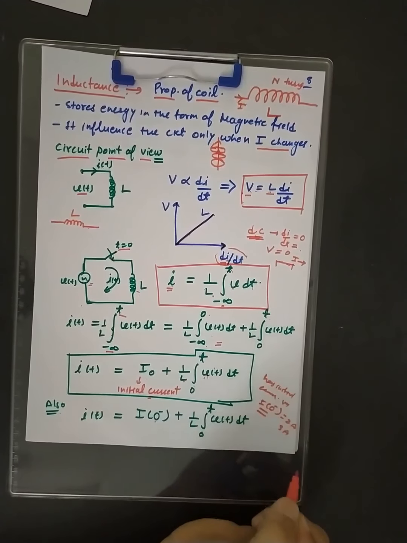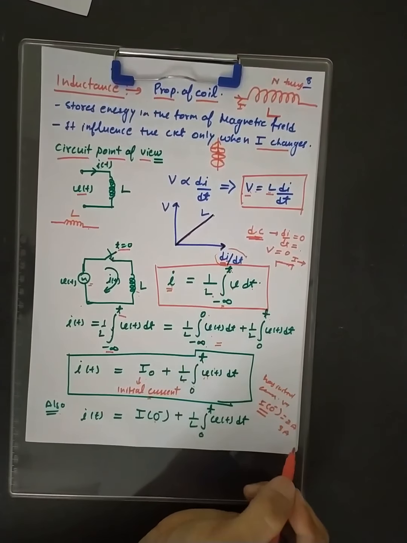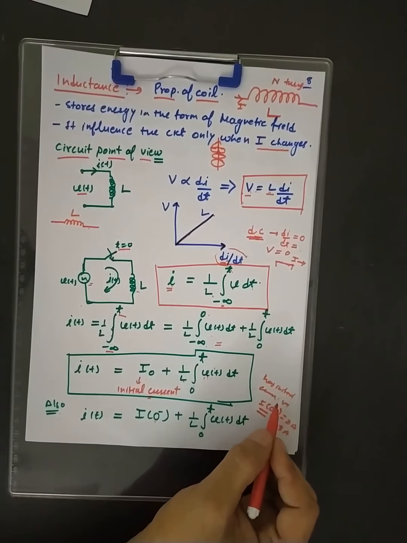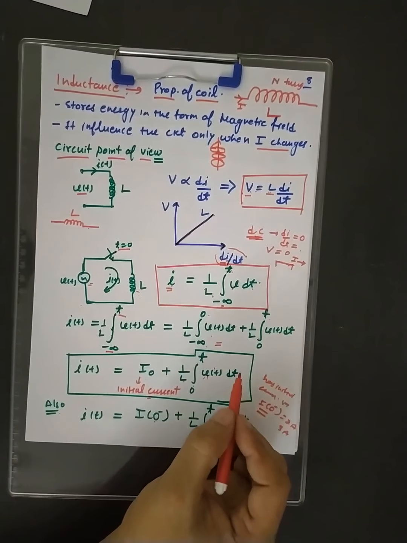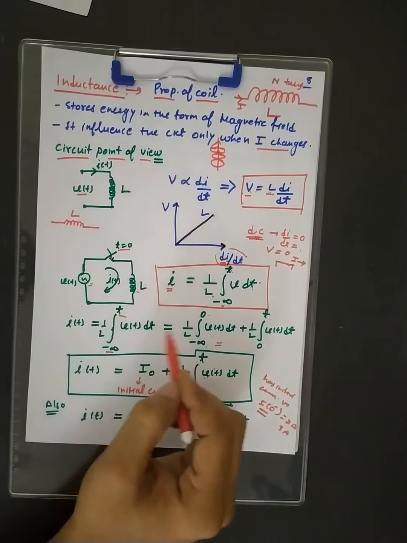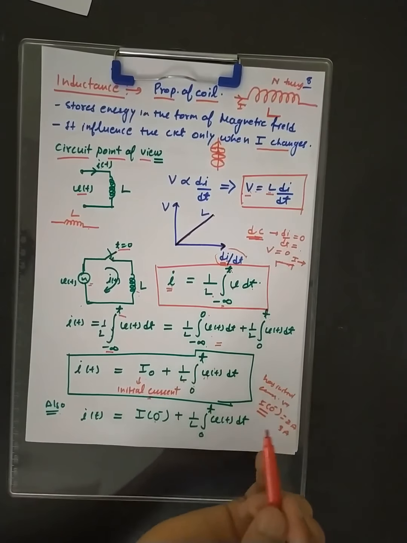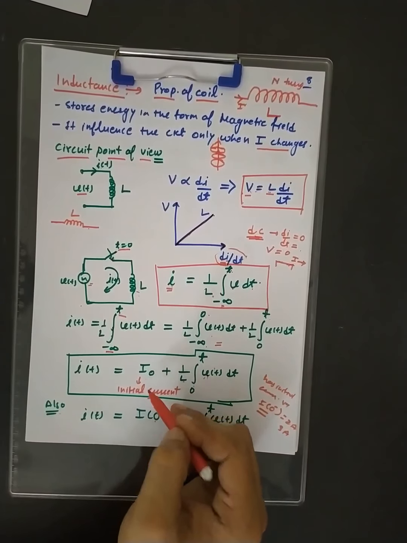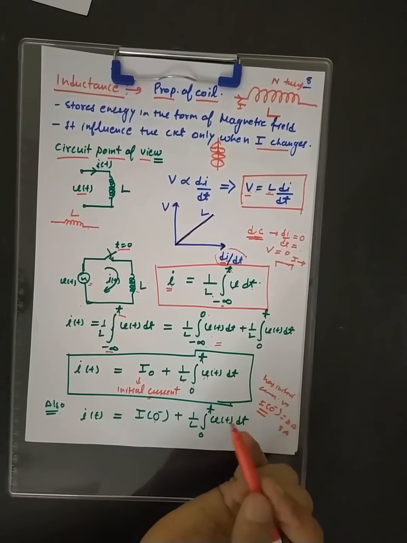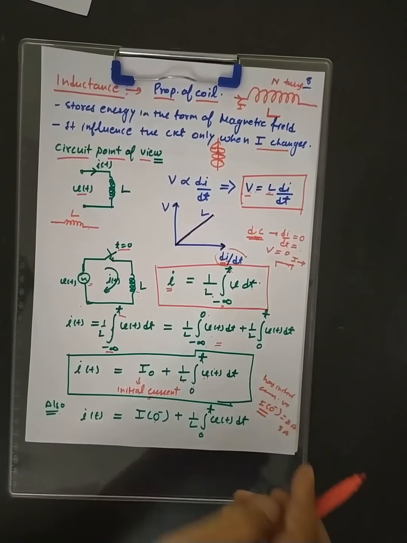If the value is not given but other parameters are given, you have to find it out. So whenever you see an inductor in a circuit and you are doing an analysis, always remember these components. If the initial value is given, you have to consider it. If not given, you can take it as 0 and consider that the inductor is not initially charged. Clear?